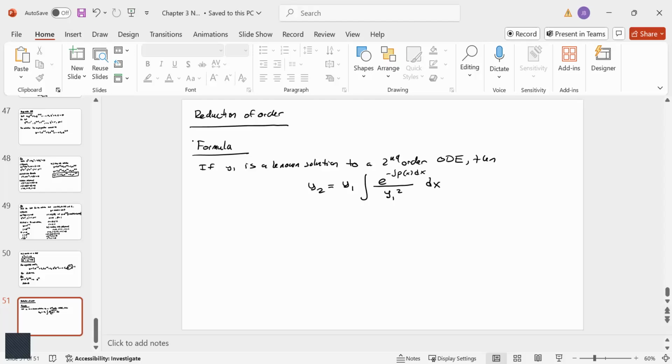Like that is reduction of order. And that's how you find any solution knowing one solution.